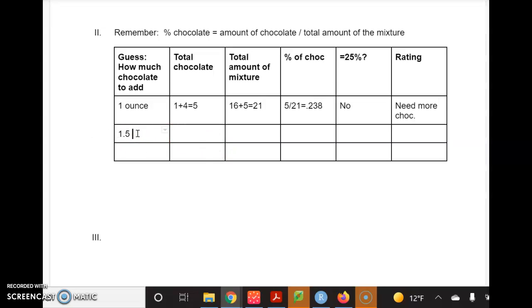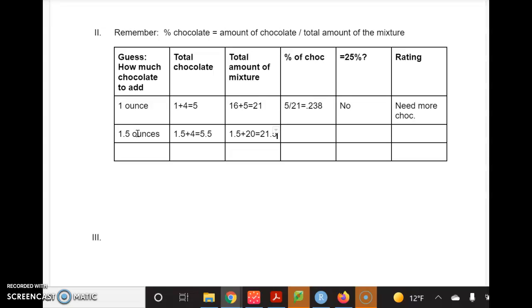I mean, we're pretty close already, really, right? So now we have 1.5 plus 4, 5.5. And the total mixture we have would be 1.5 plus 20, so 21.5.